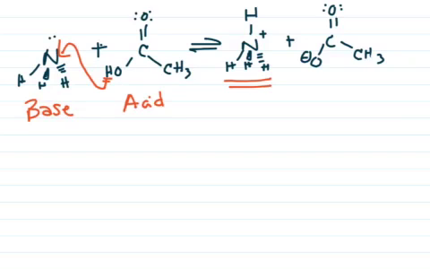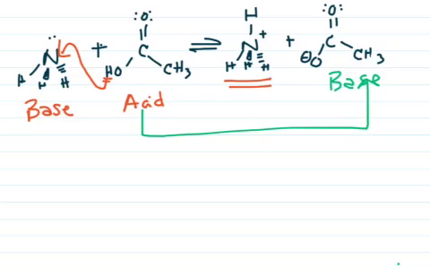Now for conjugate acids and bases, we just need to look at the product side. So our acetic acid, the opposite of it, as you can see, has one less hydrogen and one more negative charge, so it is now the base.